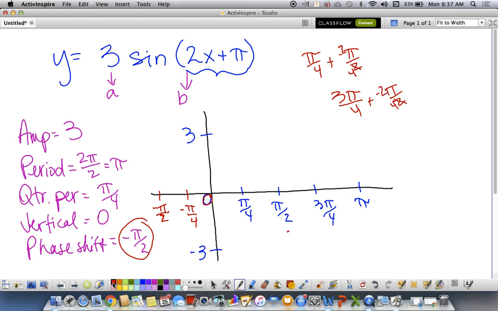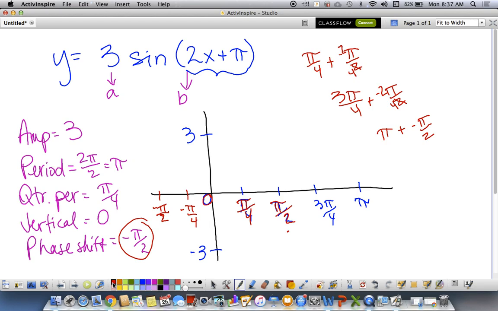What's 3 pi over 4 plus, or minus, really, 2 pi over 4? Simply pi over 4. And then what is pi plus a negative pi over 2? 1 minus a half is simply pi over 2. So do we see our 5 points?